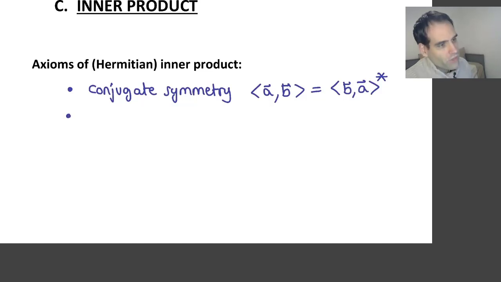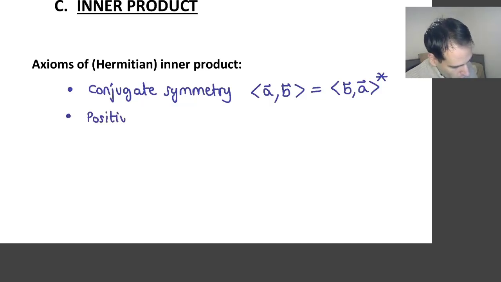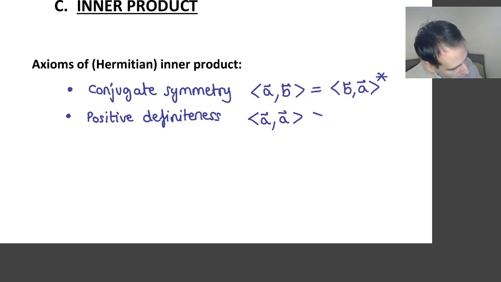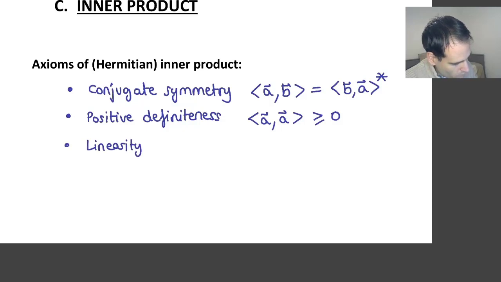Then it also has the axiom of positive definiteness. This is saying that the inner product of a vector with itself always has to be bigger than or equal to 0. Yes? And finally, you have the axiom of linearity in the first argument.